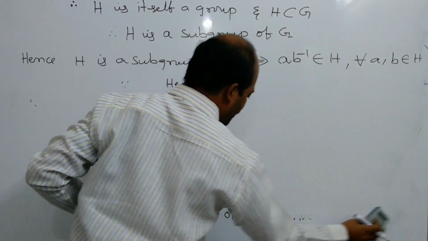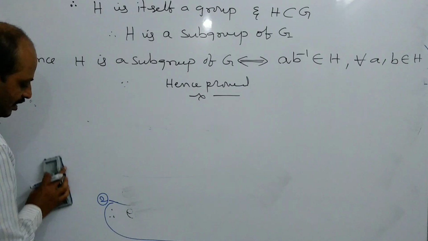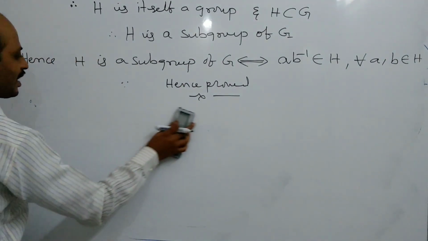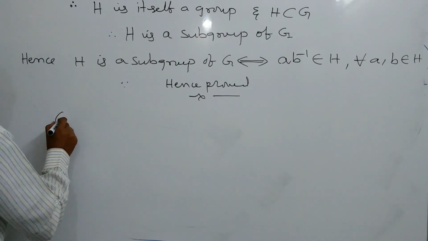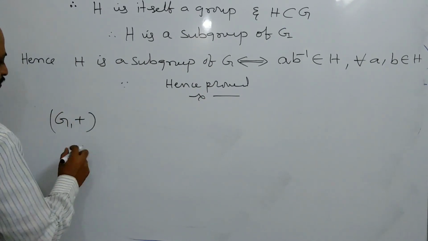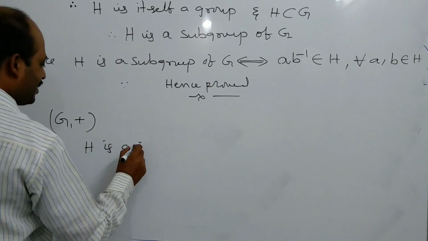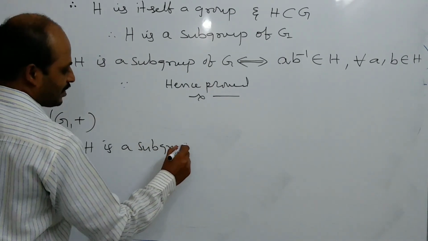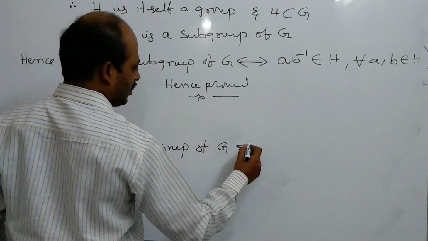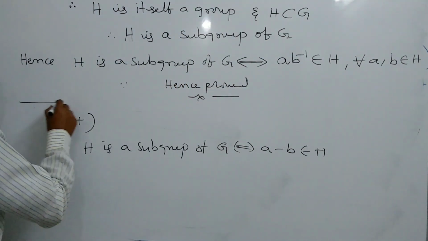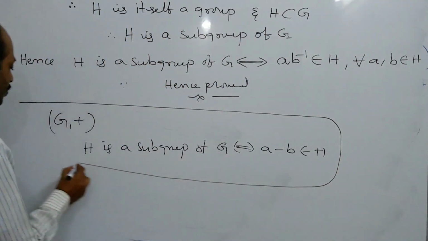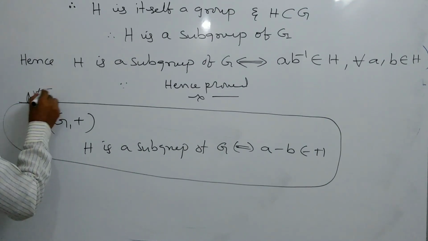The same theorem can be stated like this under addition. If G with respect to plus is a group, then H is a subgroup of G implies and is implied by A minus B belongs to H. Whenever G is a group under addition, note this point.